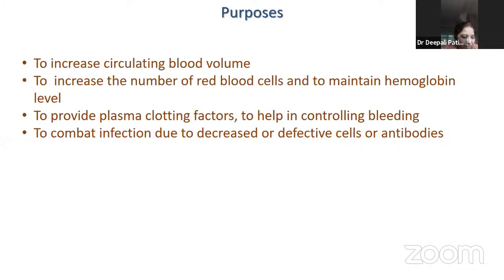The exchange transfusion reverses or counteracts the symptoms of dangerous diseases like jaundice and other blood diseases like sickle cell anemia. So next we will see what are the purposes of blood transfusion.